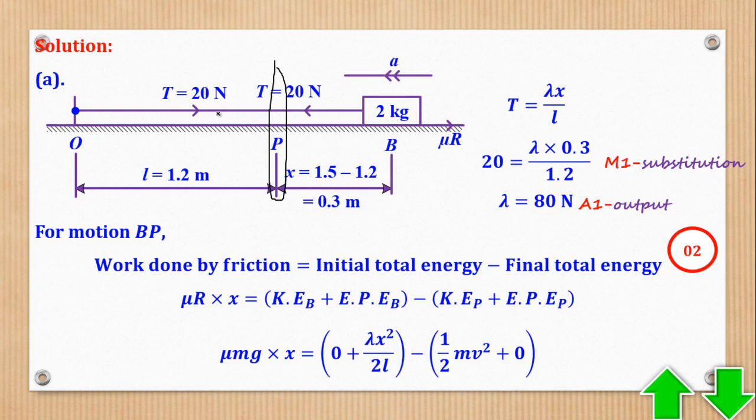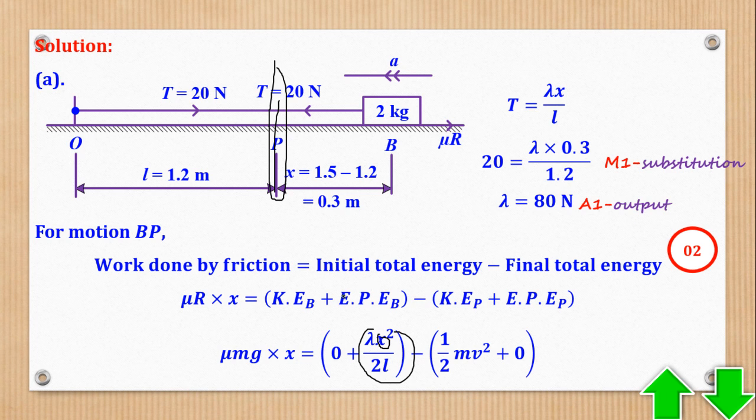Because there is no more tension, there is no energy stored in the string. Energy is stored when there is an extension. So at this point, energy stored will be 0 because x is 0. So beyond that, there will be no more energy stored in the string.